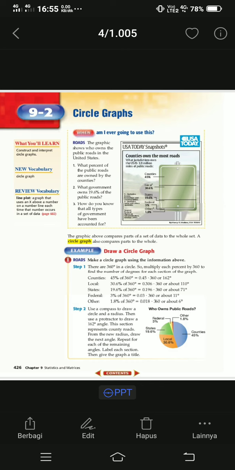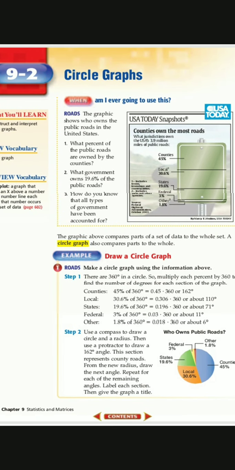This table is from USA Today Snapshots. The counties own the most roads. Which jurisdiction owns the USA's 3.9 million miles of public roads?